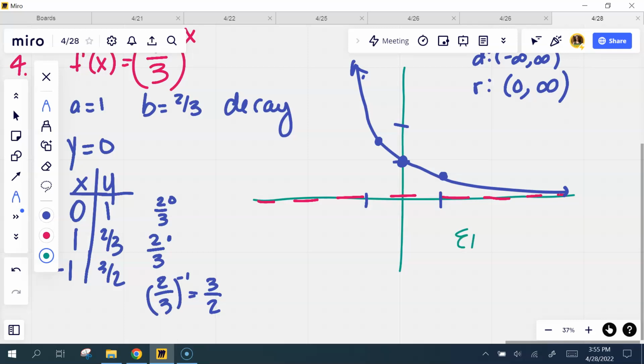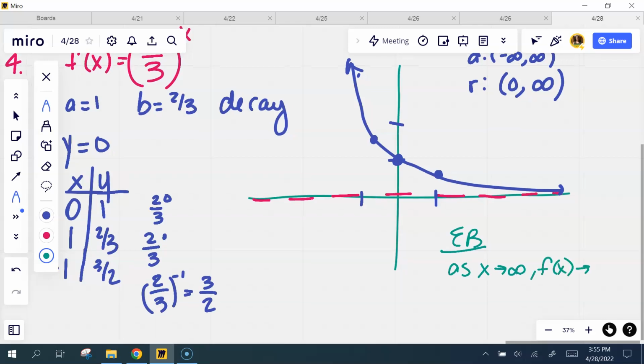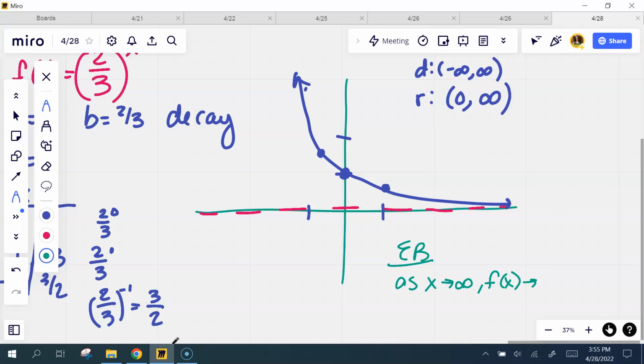In behavior, so as x approaches, I always start with positive infinity, which means I'm looking at the right-hand side of the graph, right? As I move more and more to the right, what is the graph itself doing? It's getting closer and closer to this asymptote. It's never actually touching. It's getting close, close, close, close, close.